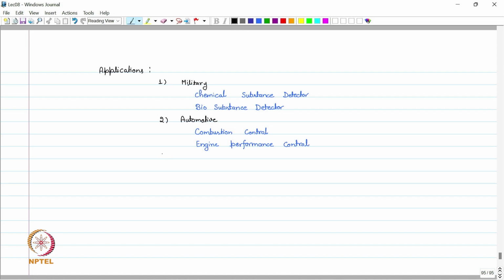In industrial and environment applications, we have water quality and workplace monitoring.